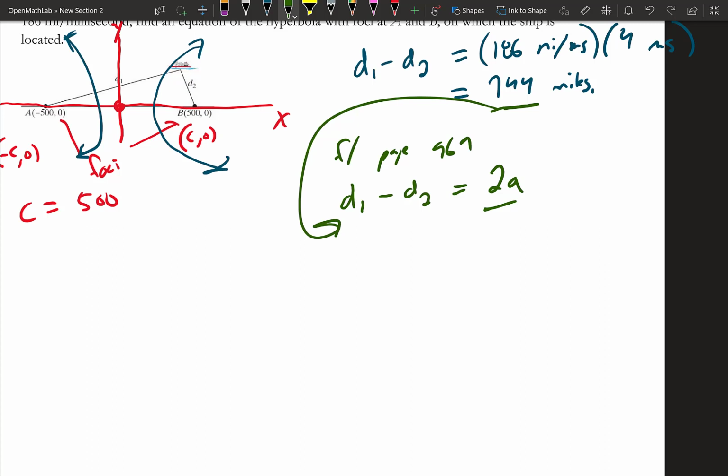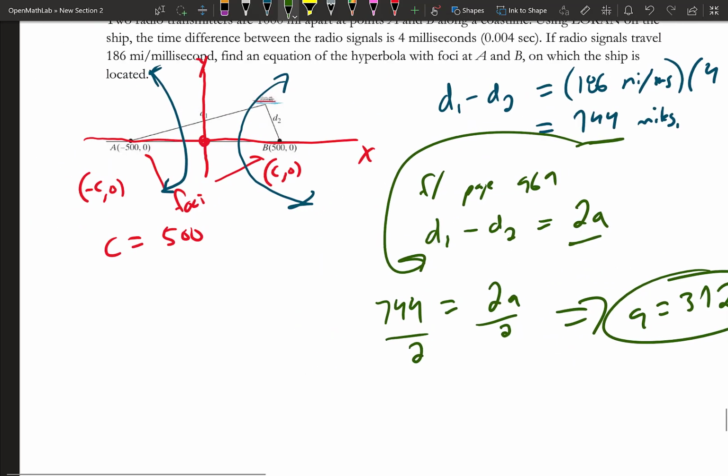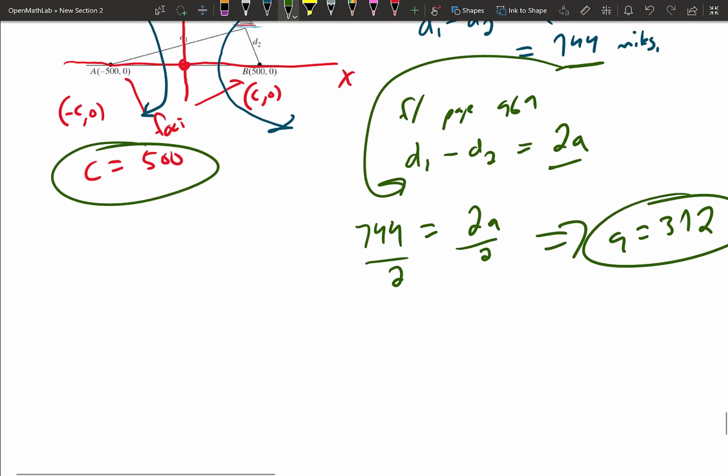And then once I know a, since I already know c, I can use my relationship between a, b, and c to find the missing value b that we need, right? So we would have 744 equals 2a. I can divide both sides by 2, and this gives me that a equals 372. Right, so I have a, I have c, now I need to figure out b.